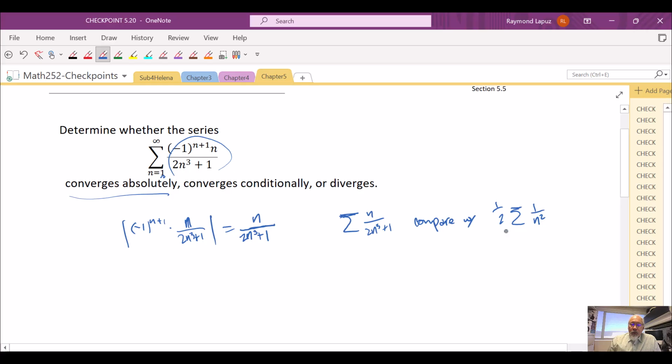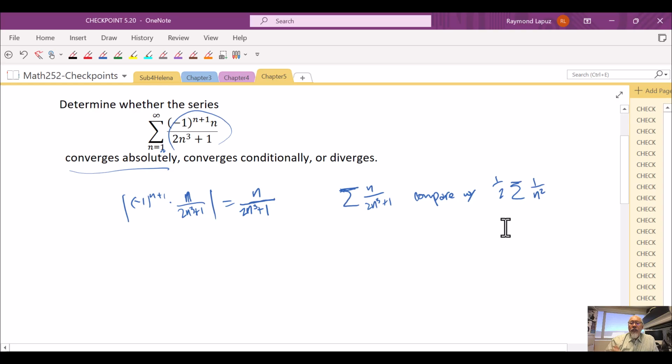Essentially I'm using a comparison test to check if this expression converges. I hope it converges because this is a p-series, and the p is bigger than 1, so we know it converges. Multiplying by 1/2 does nothing to its convergence or divergence.